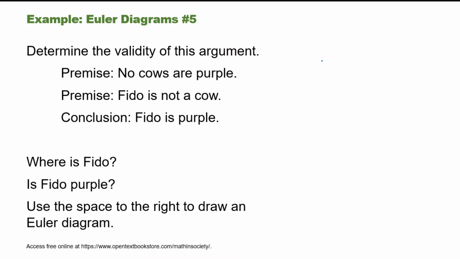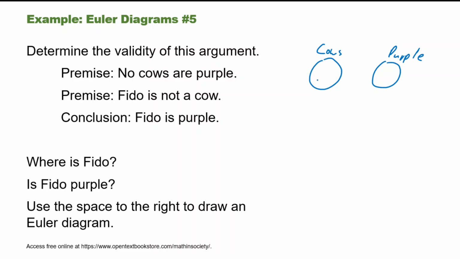So we're going to have 2 circles labeled cows and purple. Because no cows are purple, according to this, those 2 circles do not overlap.